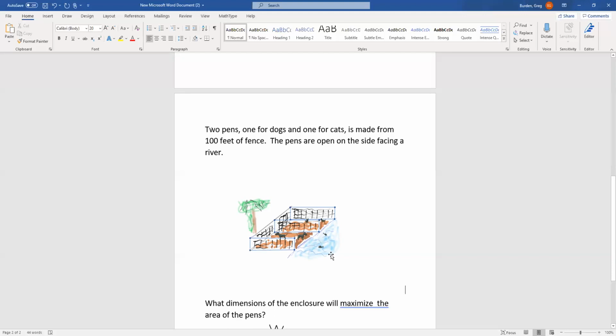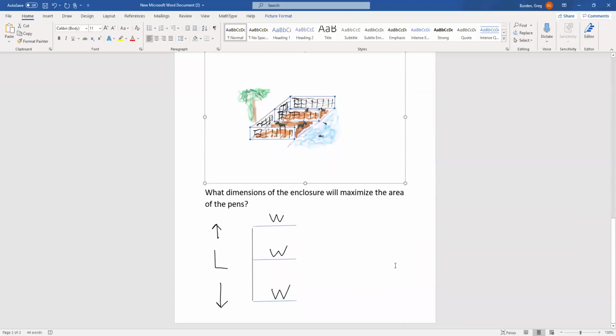Now, the drawing itself is, of course, totally unimportant. We can start by looking at a real simple representation of the same information, where I've labeled W the length of 3 sections that are the 2 sides perpendicular to the river, and then the one part that's separating the 2 groups of animals.